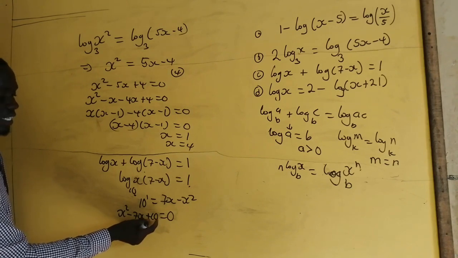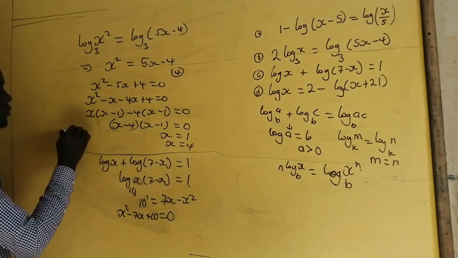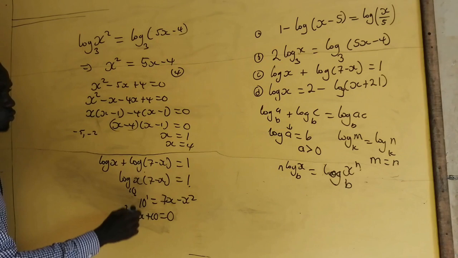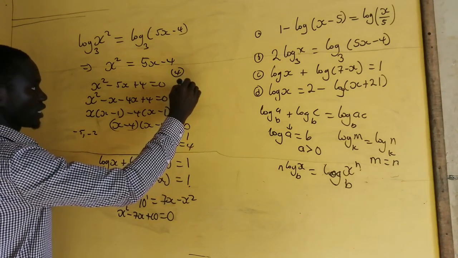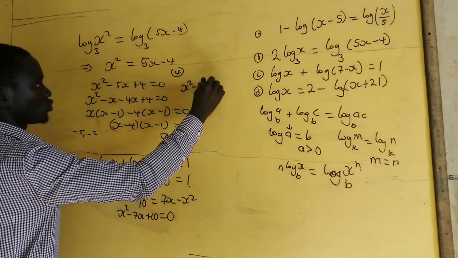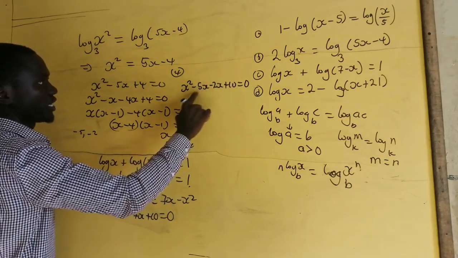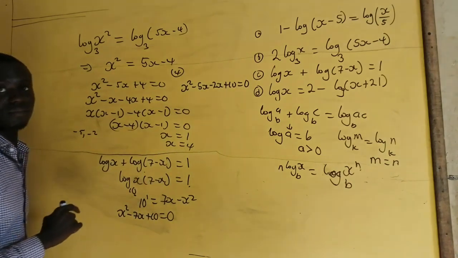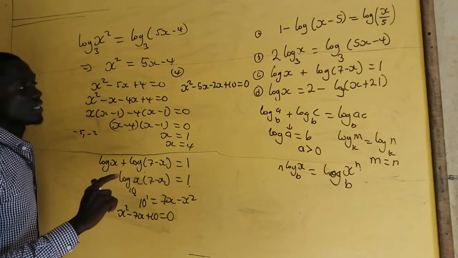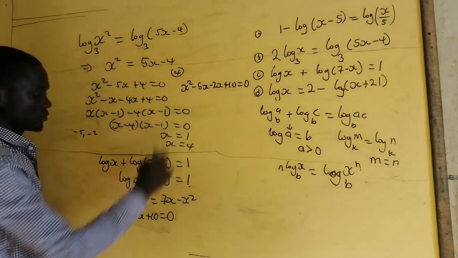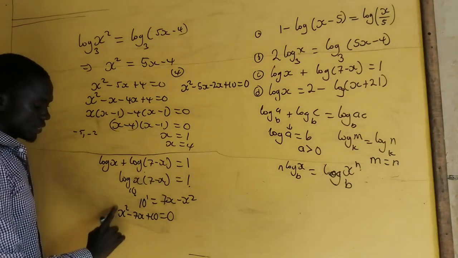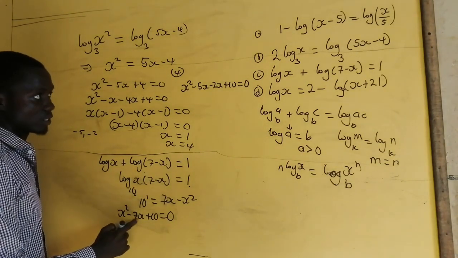The factors of positive 10 that will give us negative 7 are minus 5 and minus 2. So we write this as x squared minus 5x minus 2x plus 10 equal to 0. The order here is not important. The only thing is that they should be the factors of positive 10 times the positive 1 here that will give you the minus 7.